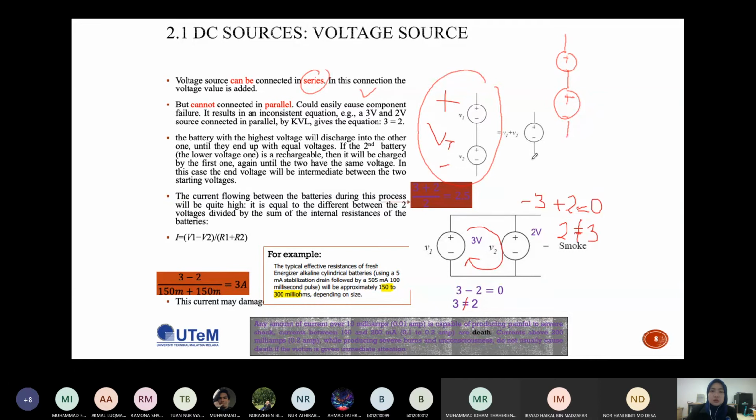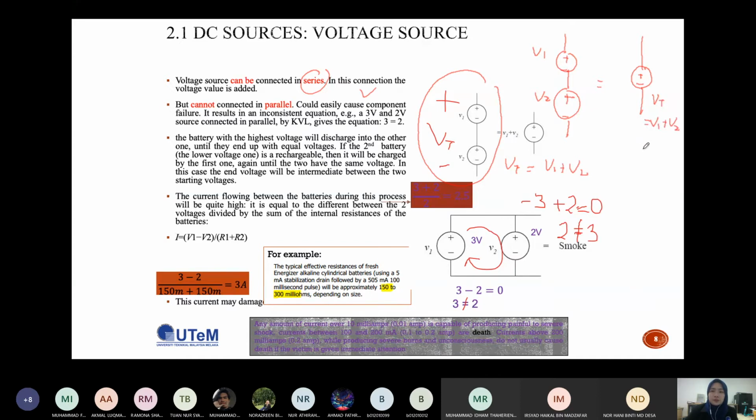The new voltage source will be VT, V total. To get the V total, you just add V1 and V2. This one is V1, this is V2. You can just use one voltage source instead, where the value is Vt equals V1 plus V2.